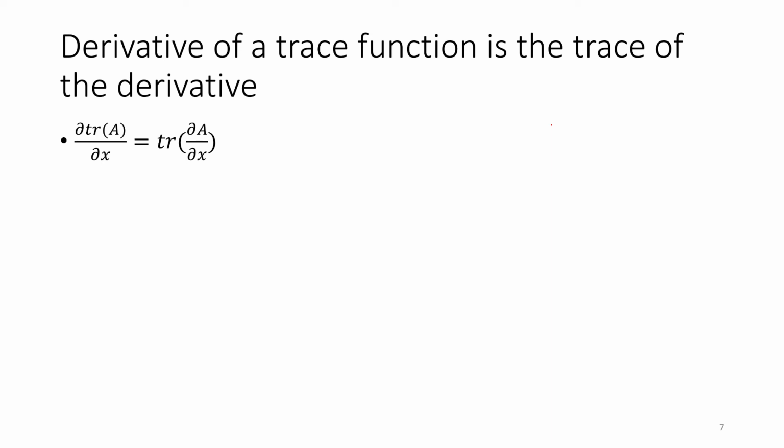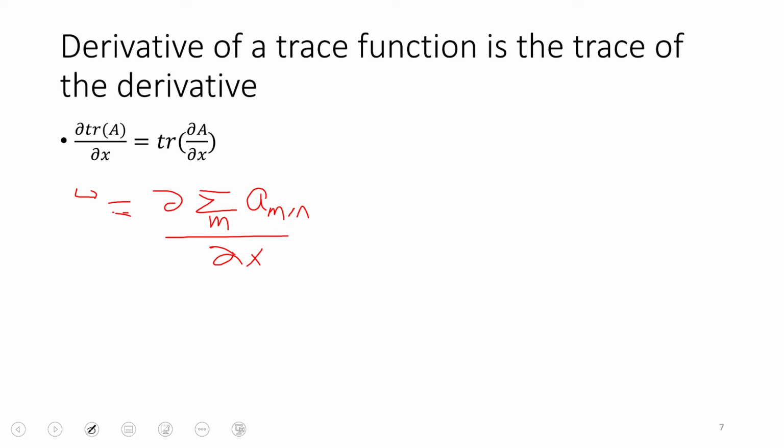We start off from the partial trace A. We know trace A is a summation, let's say the summation of A_mm, all the diagonal elements together. That's trace A, with respect to partial x.